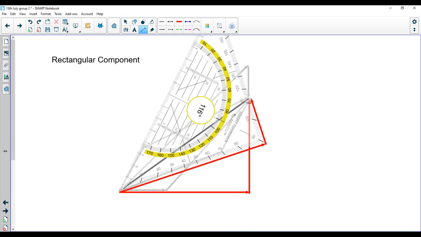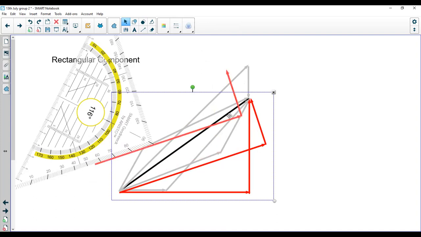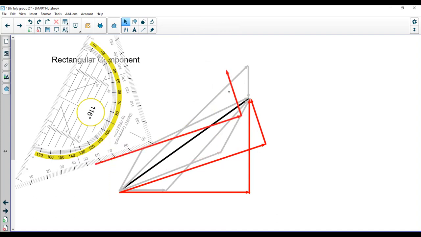So not just these two, you can have many others also drawn as a set of rectangular components.